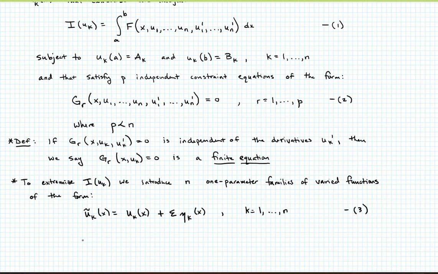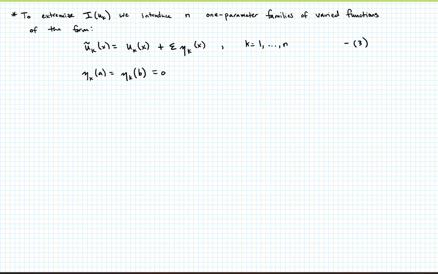Because we've defined the functions on the boundaries, we can say that the variation functions eta k evaluated at a and eta k evaluated at b are equal to 0. We're also going to require that the varied functions satisfy the p constraints.